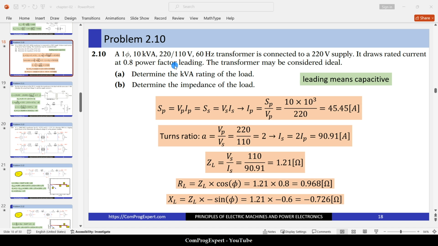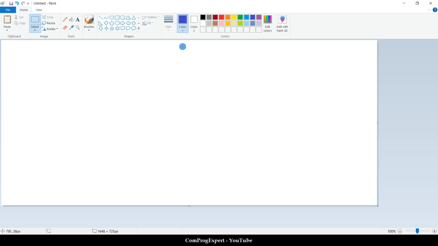So, here the apparent power and rated voltage of the primary and secondary coils are given, and the primary coil is connected to a supply considering the rated voltage, the same rated voltage of the primary winding that we have. So here is the case.